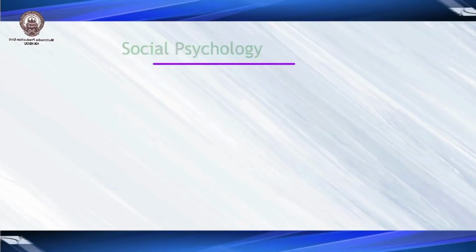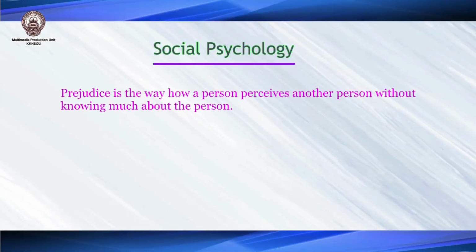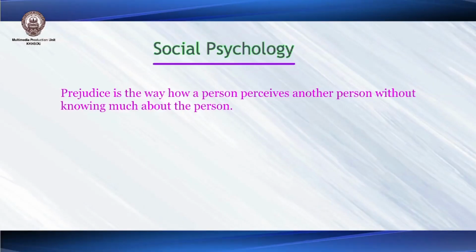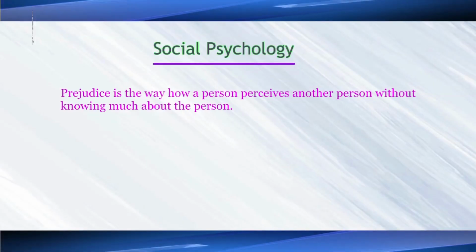Prejudice. What is prejudice? Prejudice is the way a person perceives another person without knowing much about the person. For example, we might have certain prejudices about a person belonging to a particular caste or a particular race.